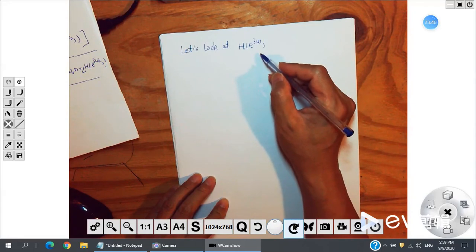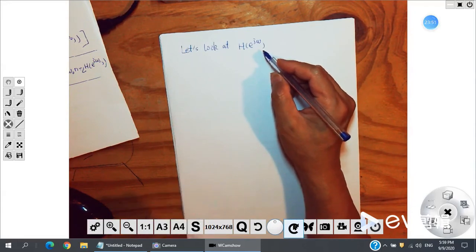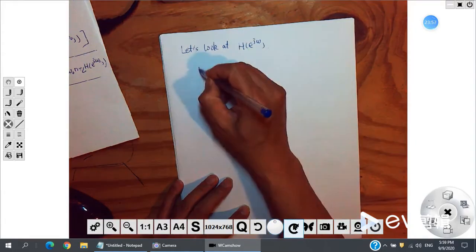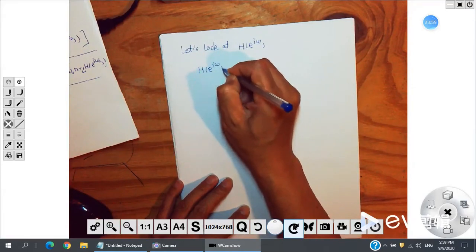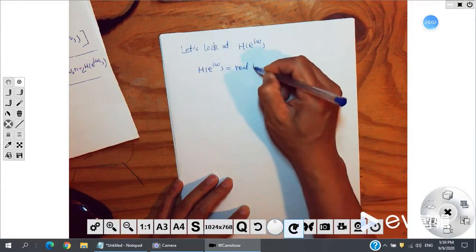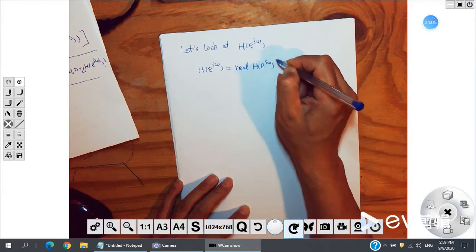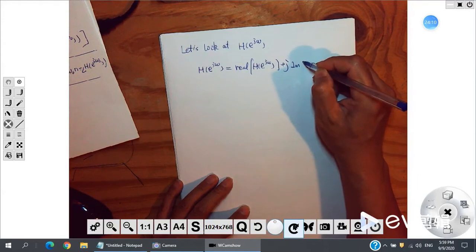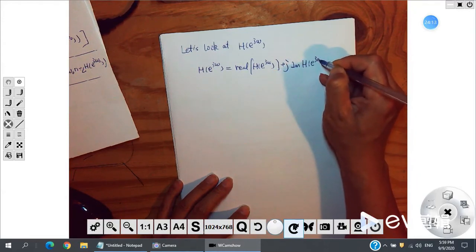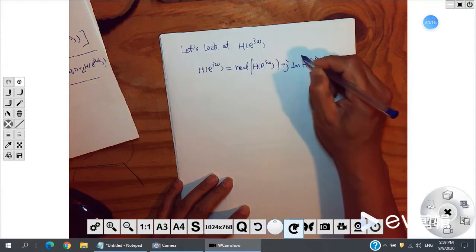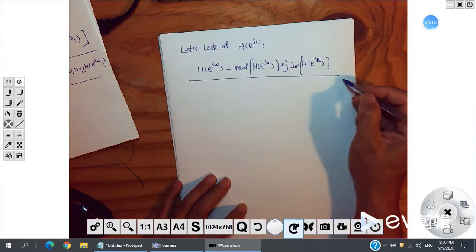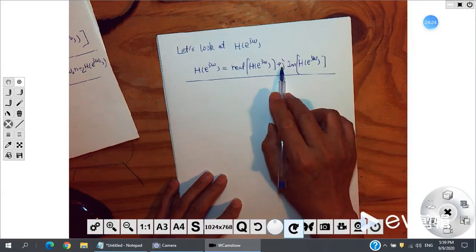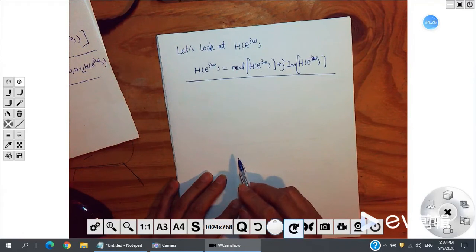So for a complex thing, if you want to represent it by real numbers, we have H(e^jω) equal to the real part of H plus j times the imaginary part of H(e^jω). Right. So basically we can write in this way. A complex number can be written as a real part and an imaginary part. Here's a j in front of the imaginary part, right? And write in this way.